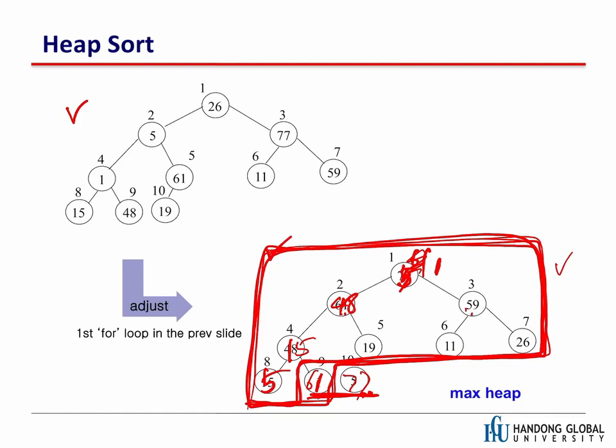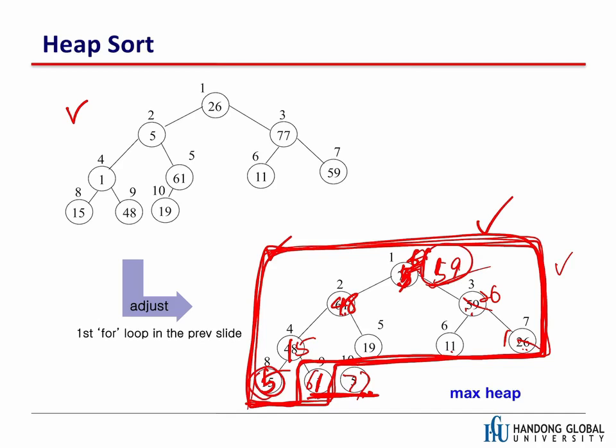So now, let's try this adjust function one more time. 59 is larger than 48 and larger than 1, so 59 is here, and 26 is larger than 11 and 26 is larger than 1, so 26 is here, and this one is 1. So this one is again a max heap. Beautiful. And 59 is the largest one.